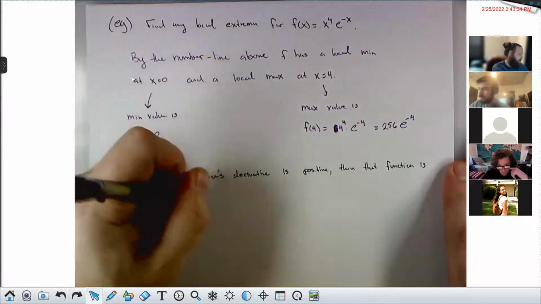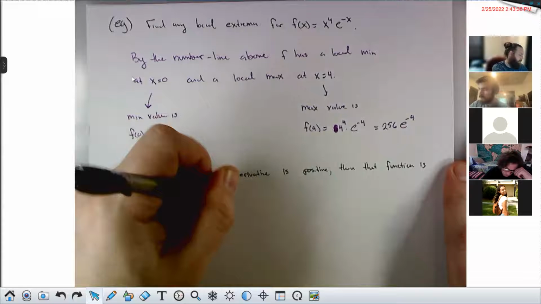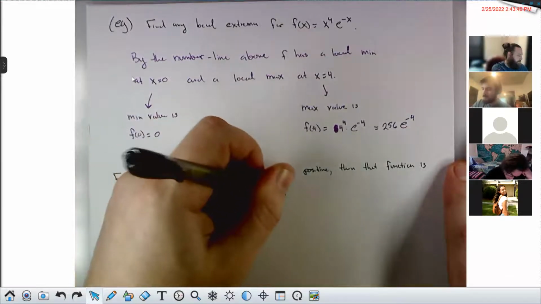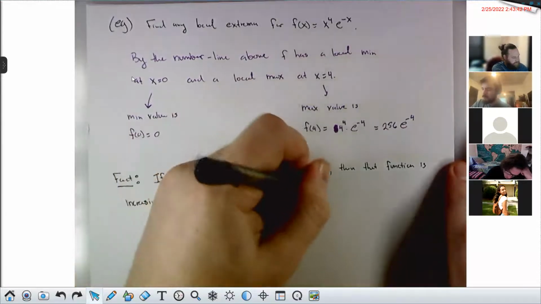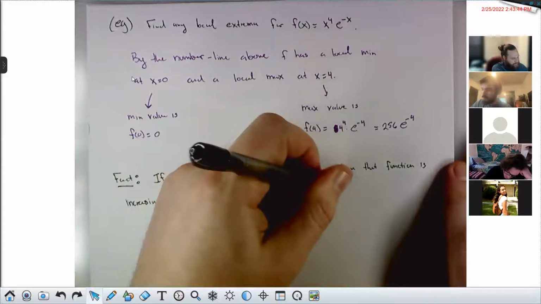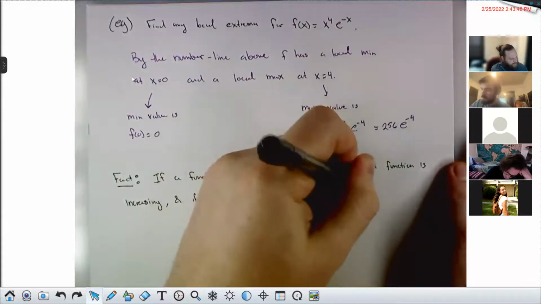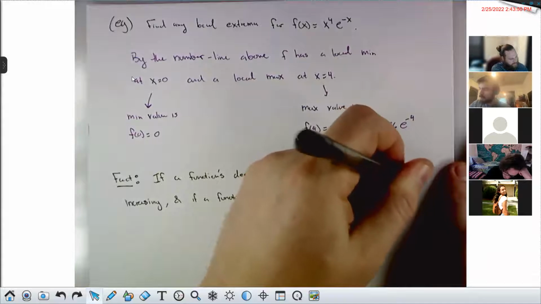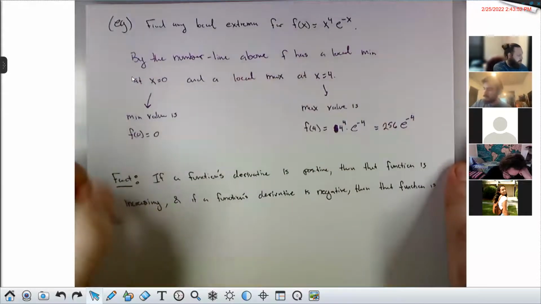And if a function's derivative is negative, then that function is decreasing.